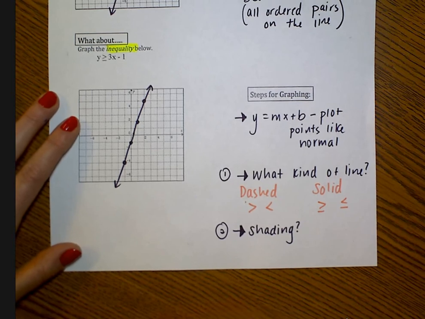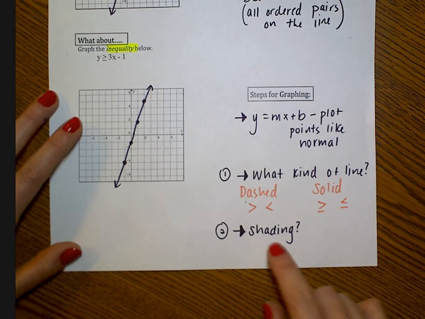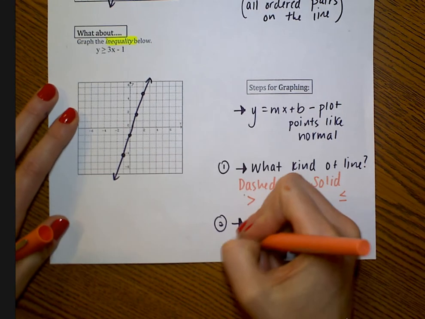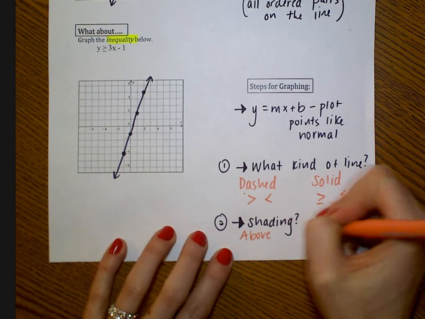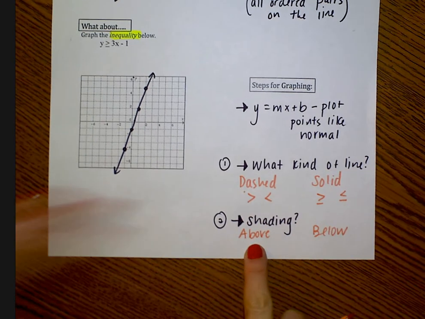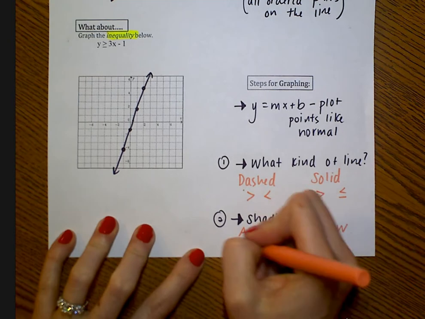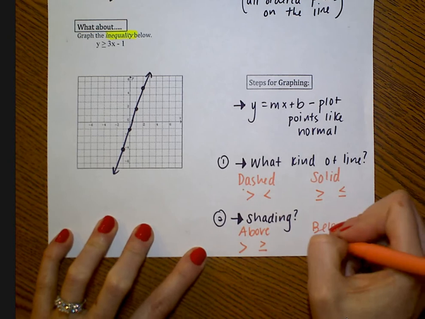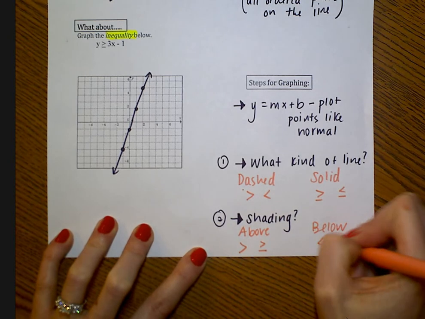It's kind of the same thing here. So shading, you're either going to shade above the line or below. If it's a greater than or equal to, you shade above the line. If it's less than or equal to, you shade below the line.